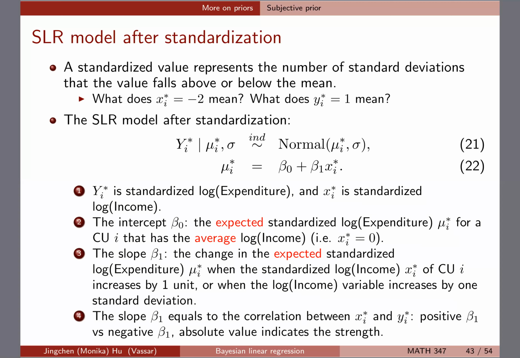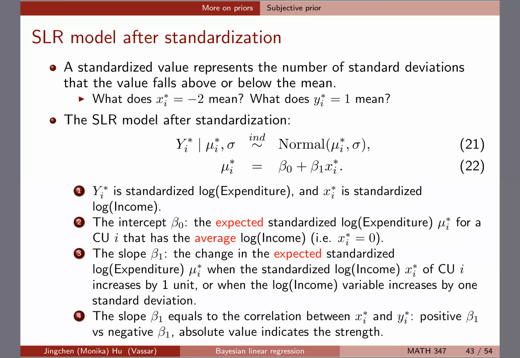So standardization helps a lot in making things interpretable. In particular, for the two parameters, the intercept beta 0 and the slope beta 1, the meanings are much more obvious.